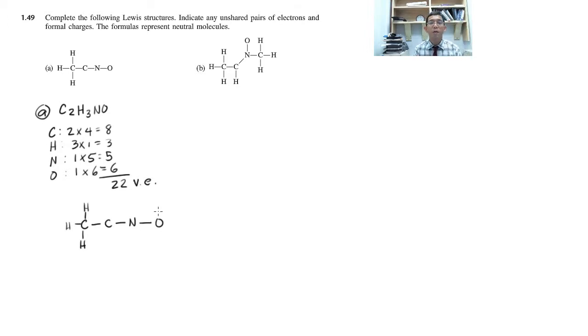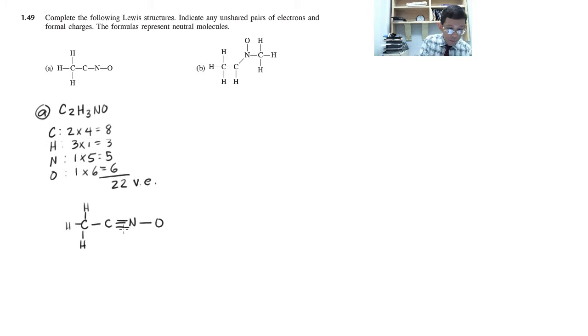Okay, so we follow the octet rules. Right now, that carbon only has 4 around it. So what I'm going to do is put a double bond there. Okay, a triple bond. So now I have 2, 4, 6, 8 around that carbon.